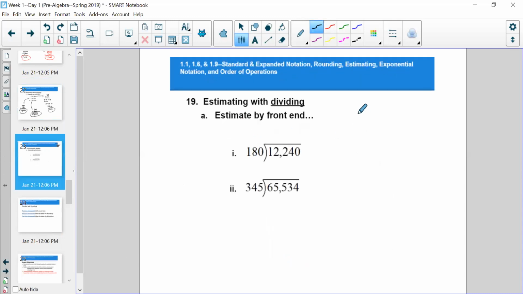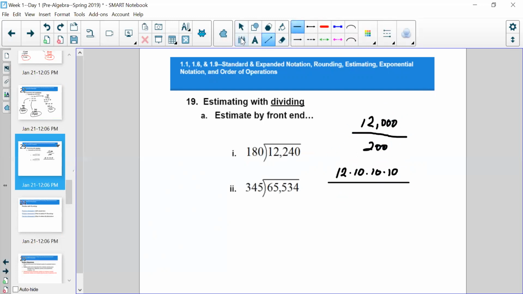Estimating here, it would be 12,240. I'm going to just leave that as 12,000. And 180, I'm going to round up to 200. So what you have here is 12 times 10 times 10 times 10. That's why you see the 3 zeros. It's all being multiplied by 10. So take your denominator, 200, and it's 2 times 10 times 10.